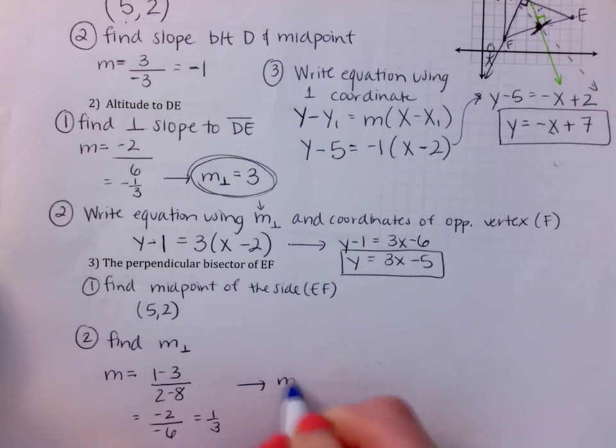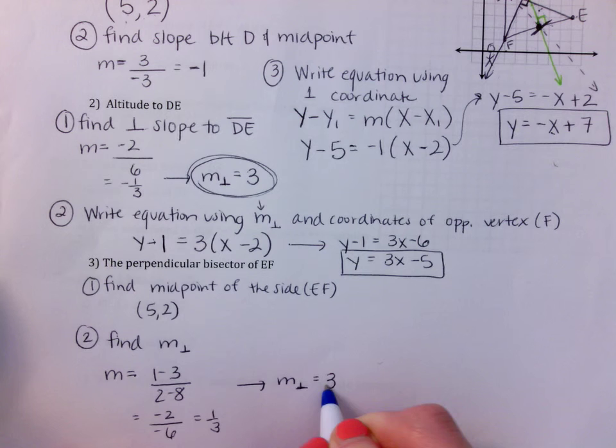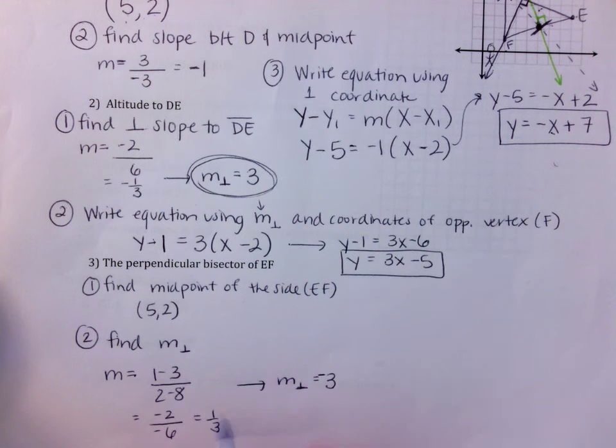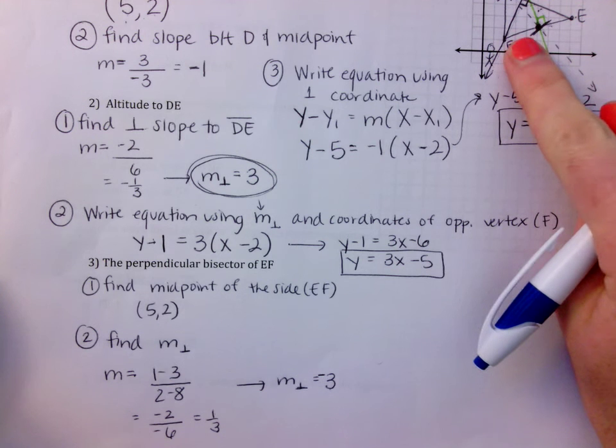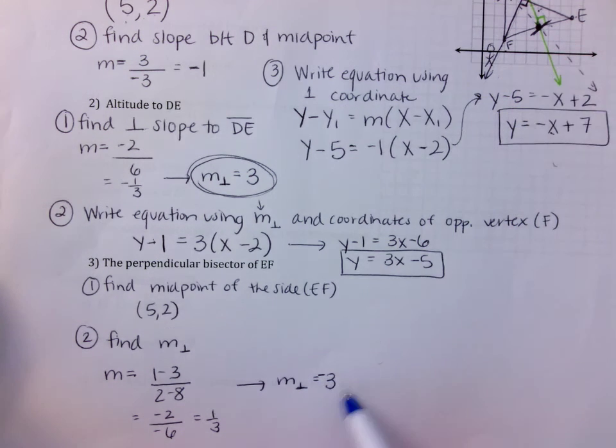Then the perpendicular slope would be 3. Hopefully that makes sense. No, it would be negative 3. I'm sorry, James. Negative 3, because you have to flip. It's the opposite reciprocal. Flip and change the sign. Negative 3. I just looked at my green line and thought, oh, that's not a positive slope. It's definitely negative, so it's negative 3.